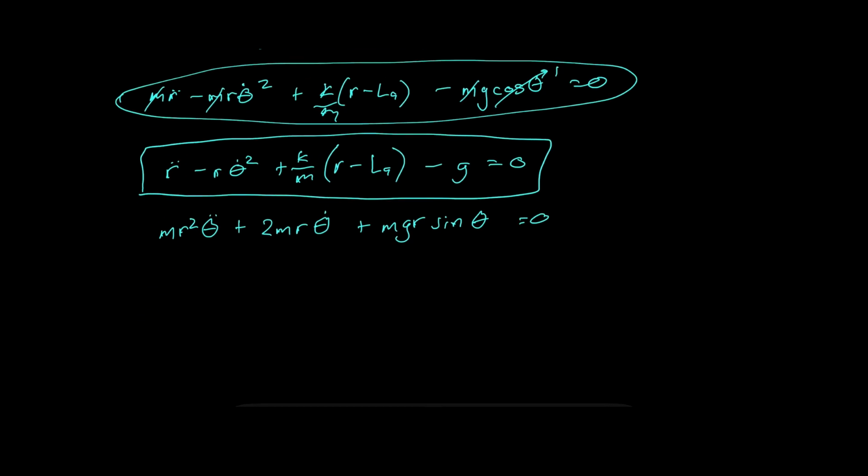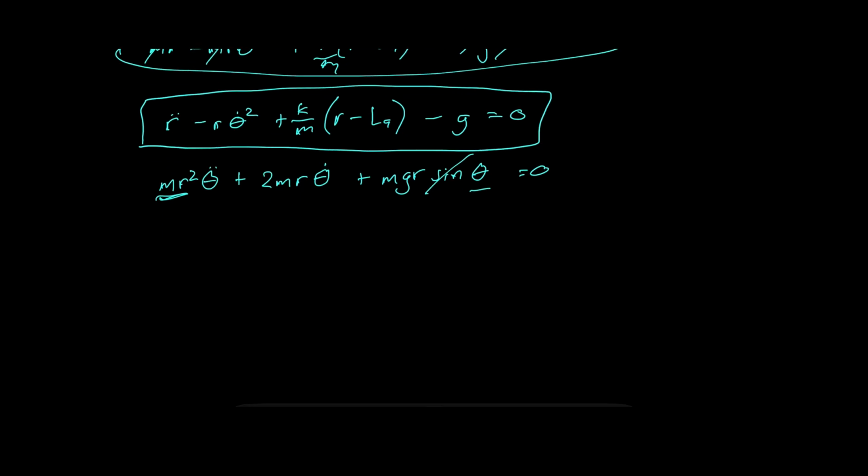This one we divide out by m r squared, and the sine of theta will just turn to theta. So this is theta double dot plus 2 over r theta dot, plus g over r theta equals 0.